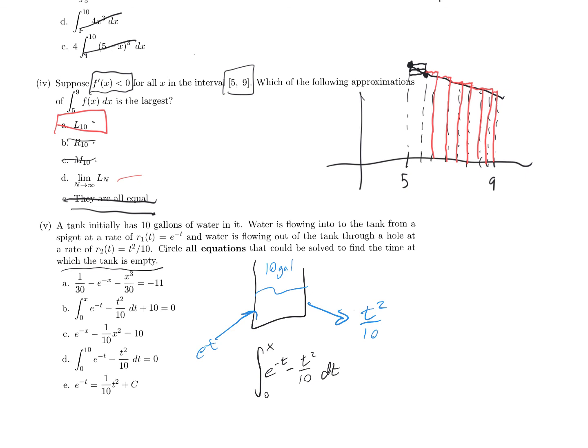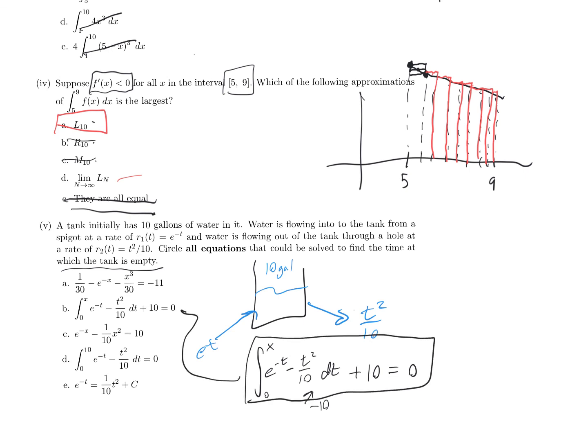And I start with 10 gallons, so I'm going to add 10, and I want to know when that's equal to 0. Or in essence, when this is equal to negative 10. That's whenever this whole tank is empty, right? When I've lost all 10 gallons. All right, so I'm looking, and actually part B immediately matches up with this little equation I've written, so that's cool.